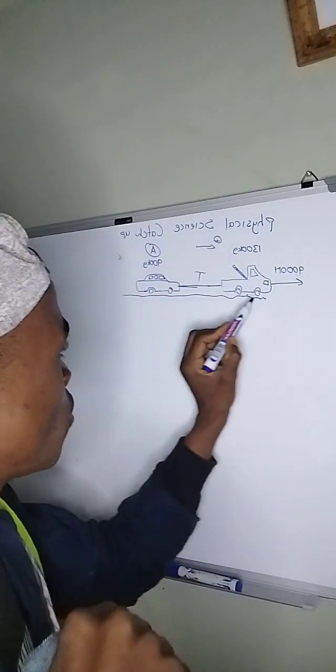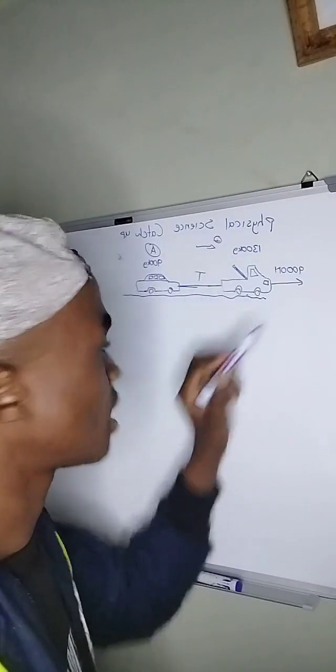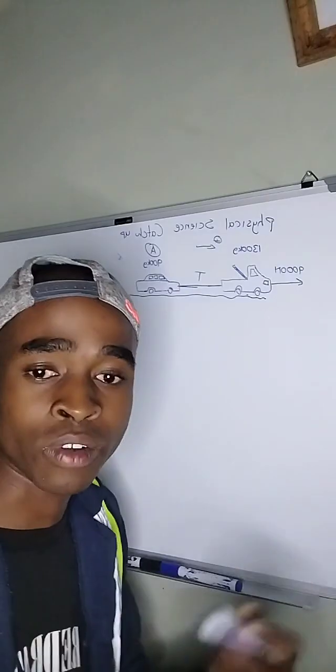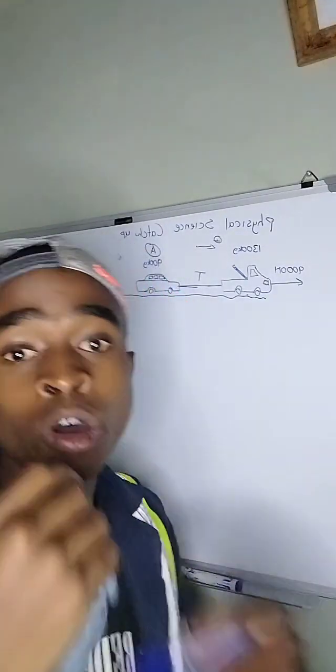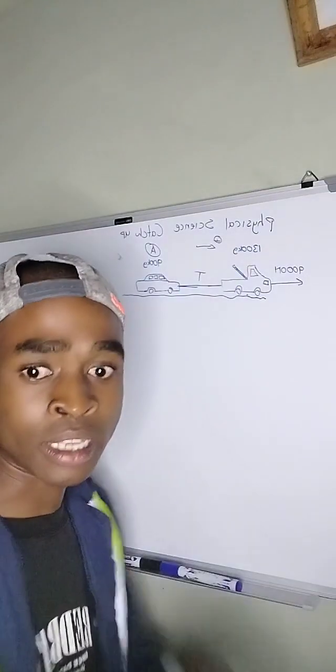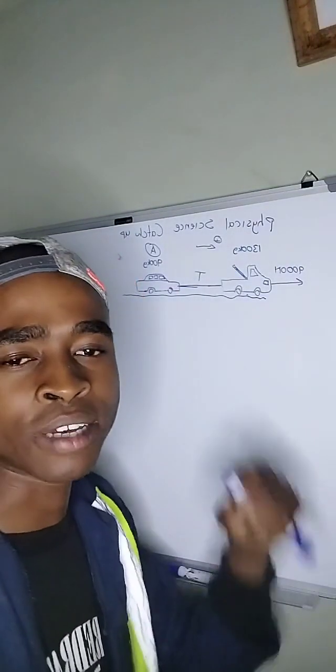But whenever objects are on a surface, they will experience a force of friction. And we learned about the normal acting on the object relative to the surface, and the normal is always perpendicular to the surface.